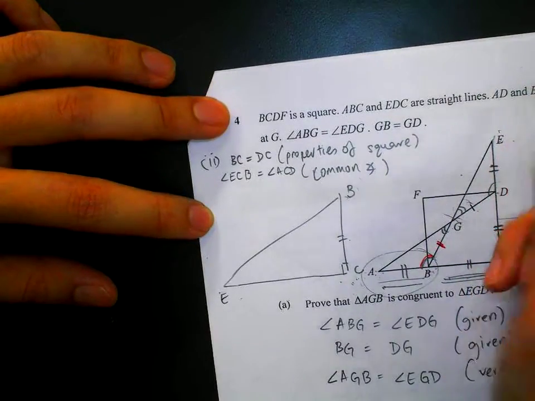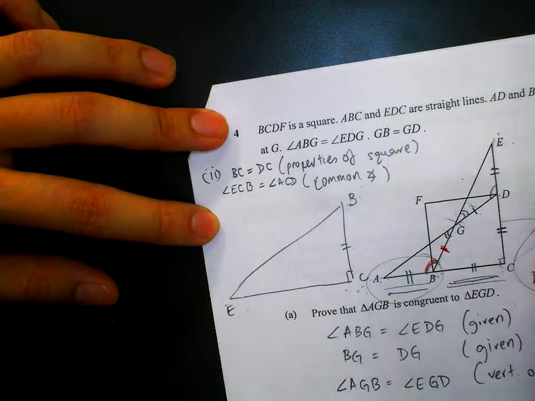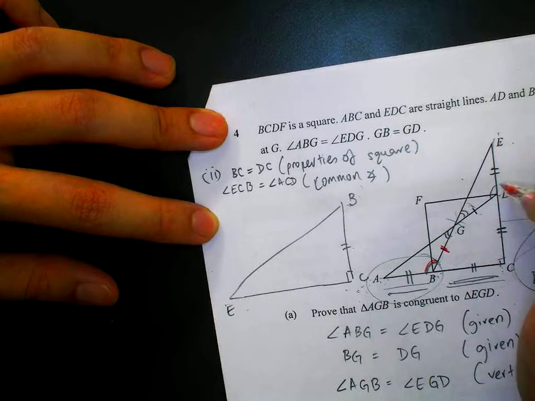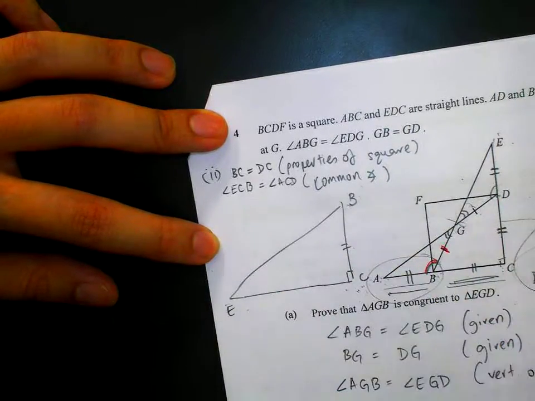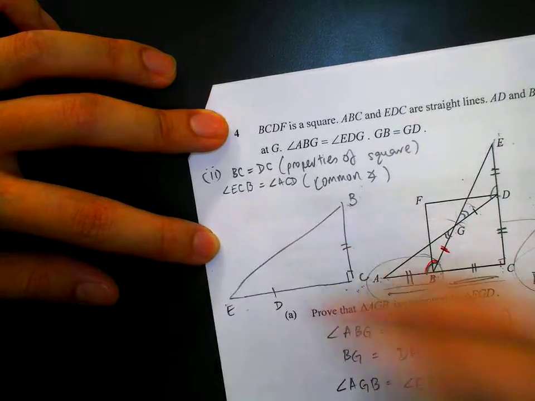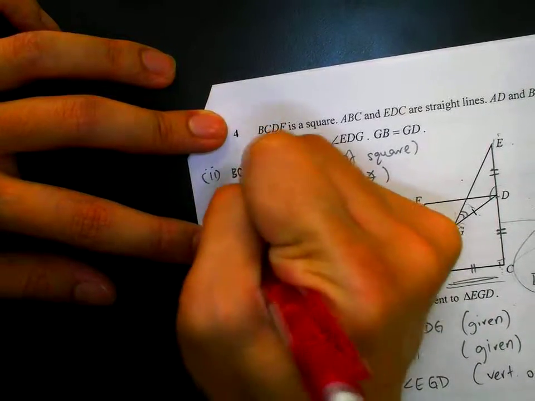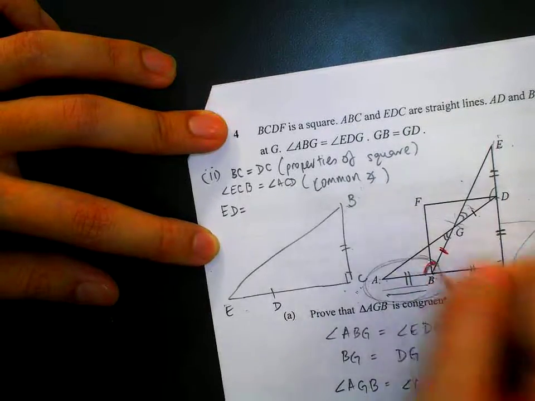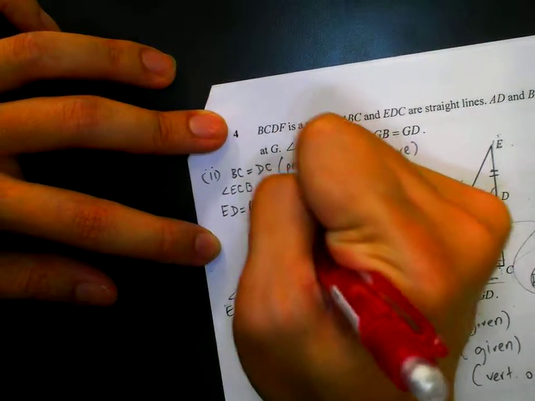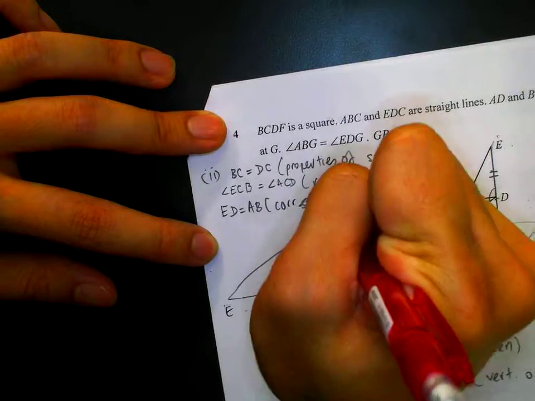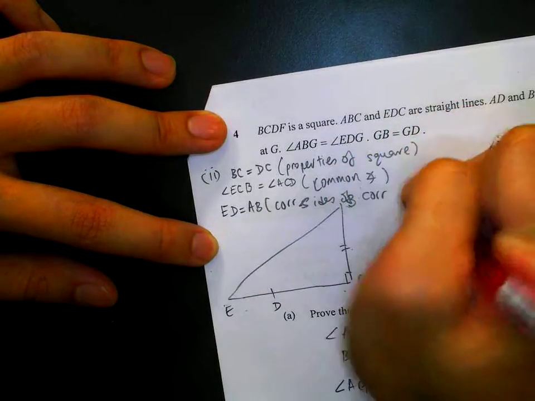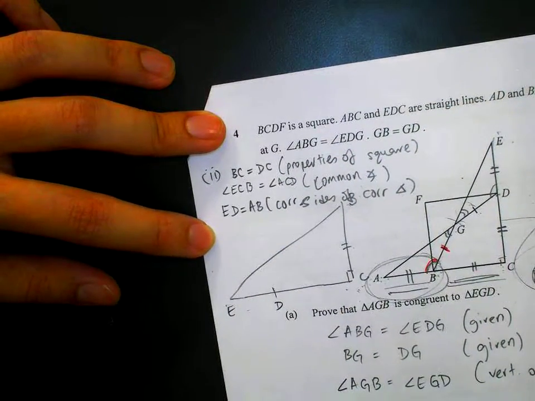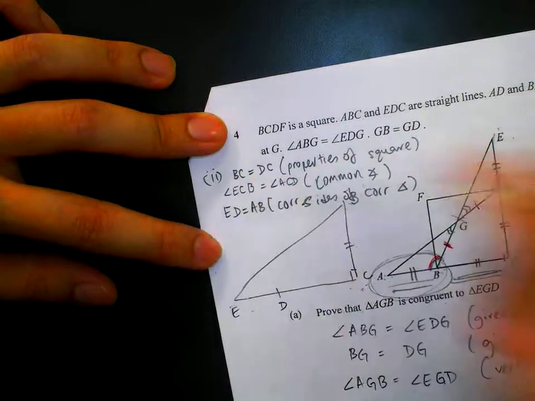EC is broken down into ED plus DC. Over here, ED equals AB. So ED and AB, they are the same, corresponding sides of corresponding triangles. Then we've got BC equal to DC.